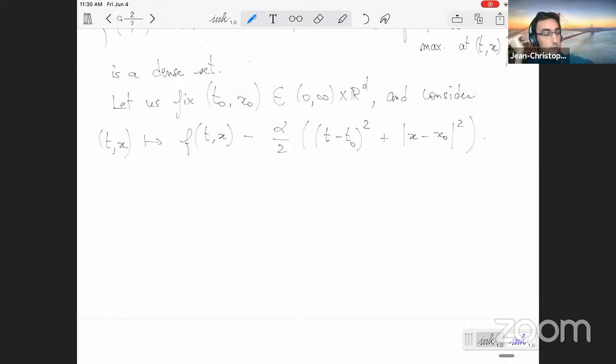Okay, so just to make things convenient, let's fix a small neighborhood of T0 X0. So let V be a compact neighborhood.